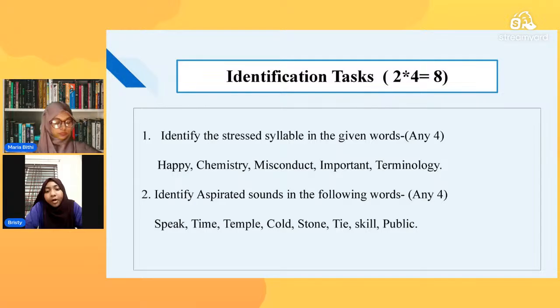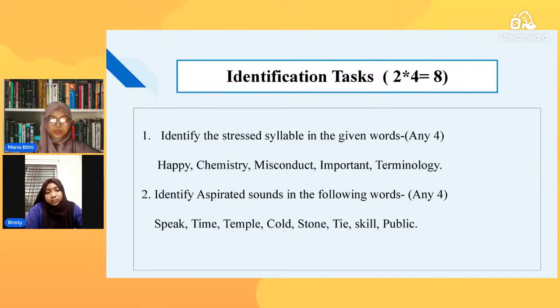Important. It's like this: in a word of three syllables, any of them can be stressed. Terminology. It's terminology because we know long words with 3, 4 or more syllables, if they finish with Y, then the syllable before the second last syllable is stressed.